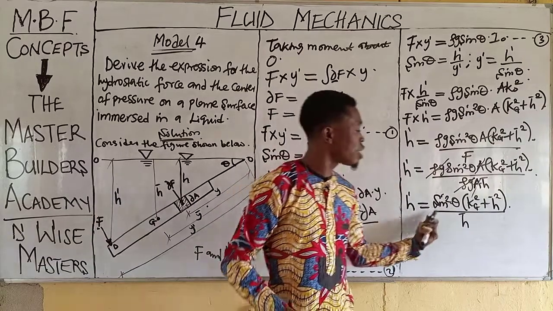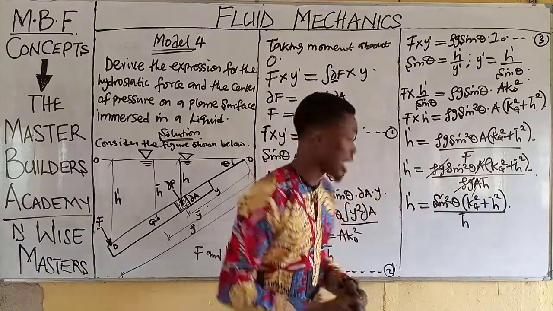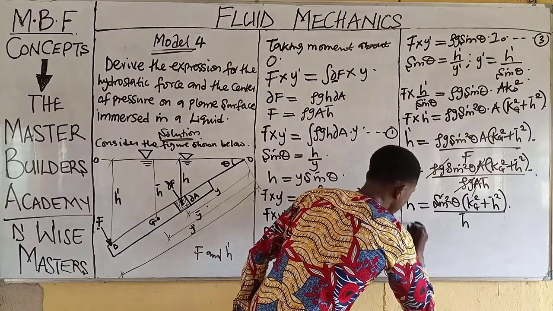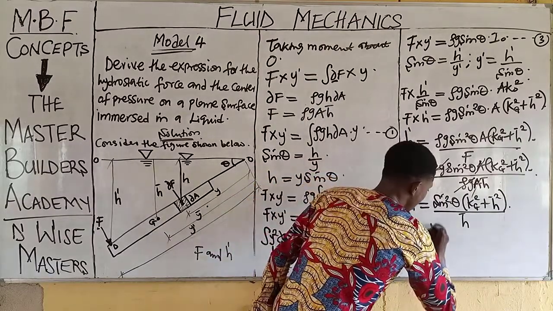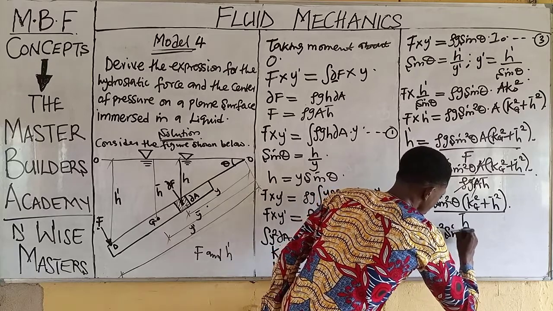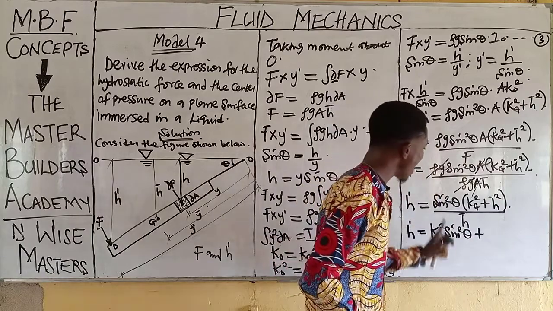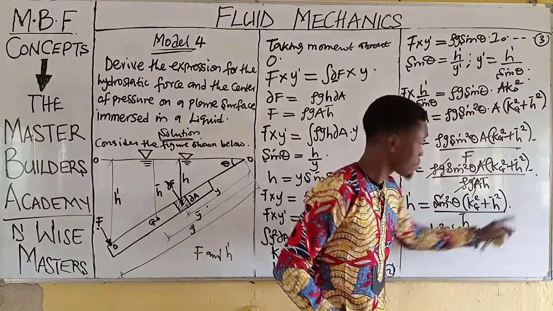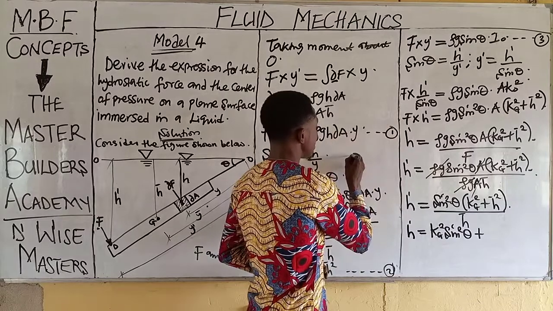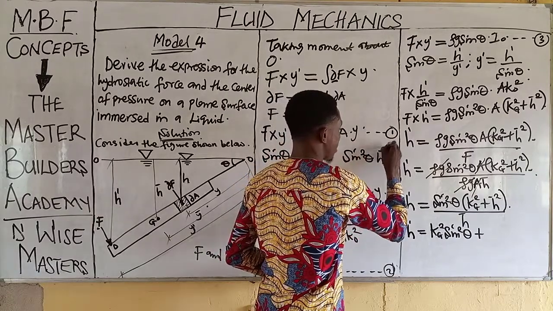So all I need to do now is to open the brackets, multiply through by sine theta. When we do that, h prime would have given us kg squared sine squared theta plus, when we multiply this by this, we will have sine squared theta h bar squared.